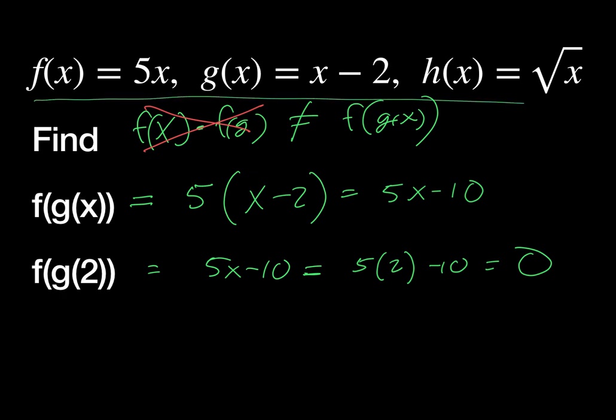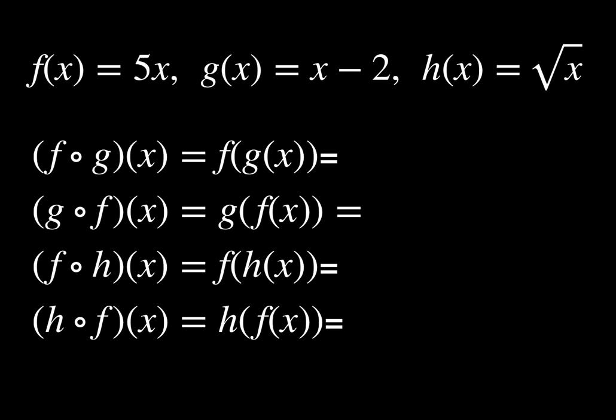So if you have all those written down, we're going to do a couple more on the next page. Now what I want to show you is how mathematicians tend to abbreviate. It's not really much of an abbreviation. This means composite function.